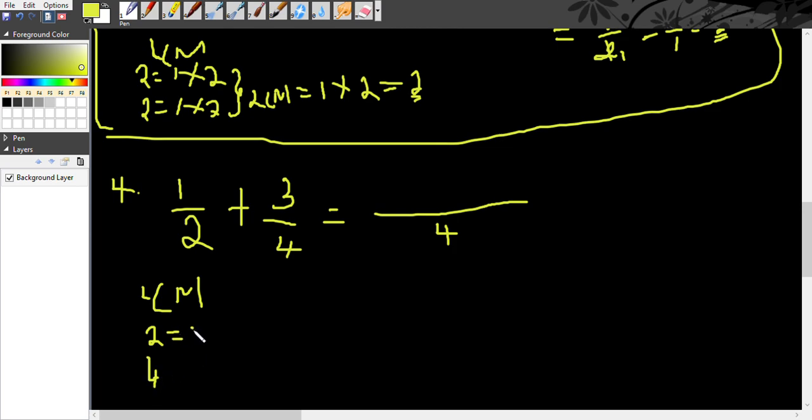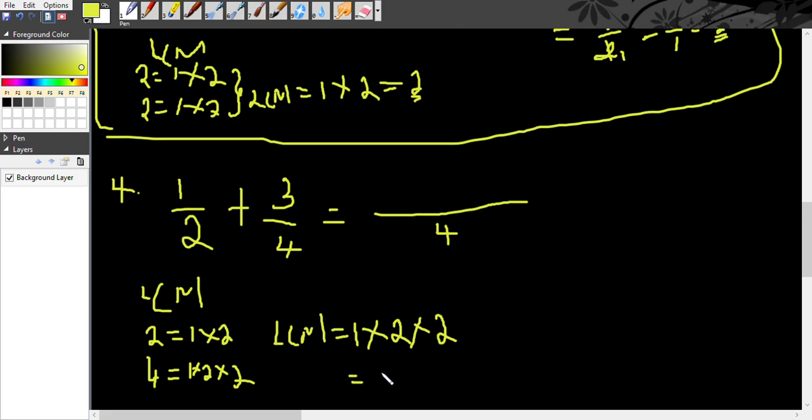Just to quickly show, the LCM of 2 and 4. 2 is 1 times 2 as a product of its prime factor. 4 is 1 times 2 times 2. So the LCM is equal to 1 times 2 times 2, which gives us 4.